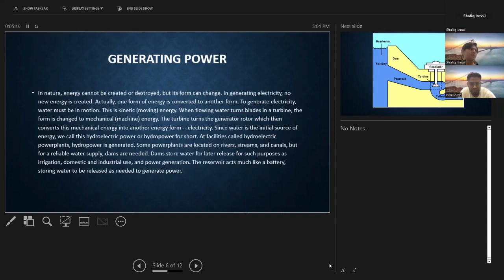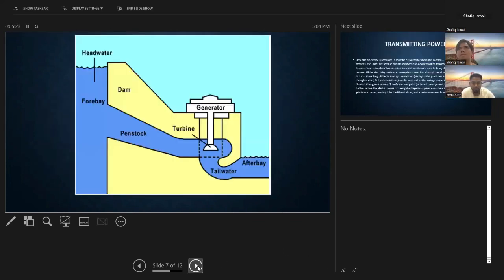The reservoir, much like a battery, stores water and releases it as needed to generate power. So this is how the generator runs.